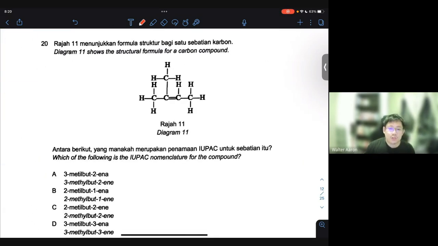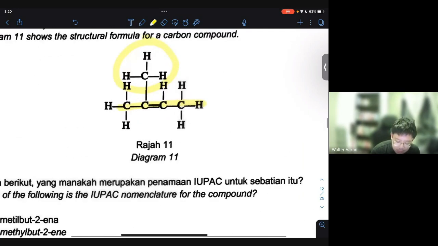20, diagram 11 shows the structural formula of a carbon compound. This is actually a 4-carbon alkene with the alkyl group on top over here. So how do we name these compounds? We have carbon number 1, carbon number 2, 3, and 4. So the alkyl group is a 1-carbon alkyl group.